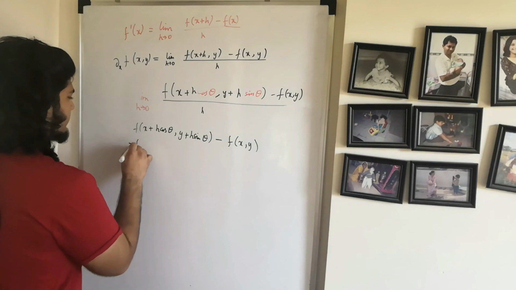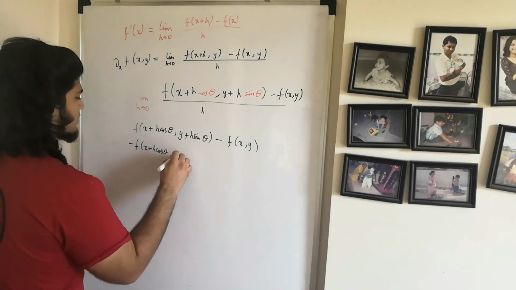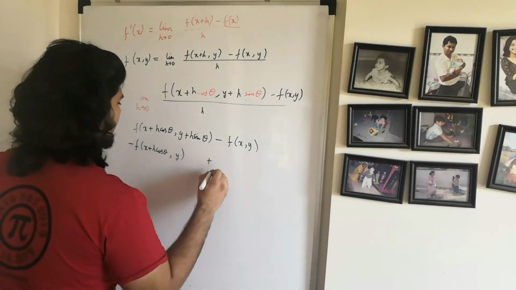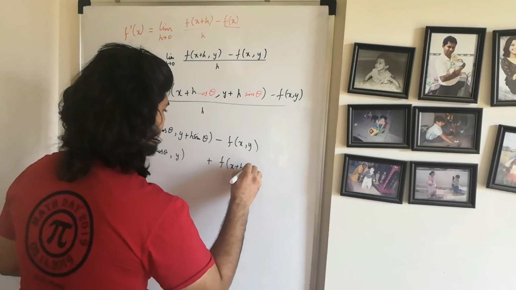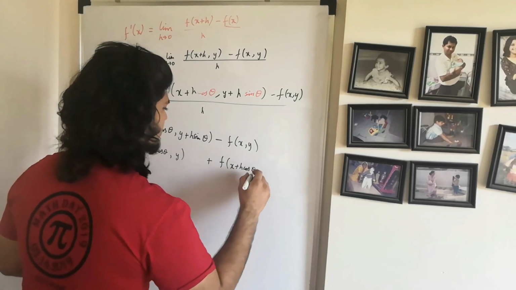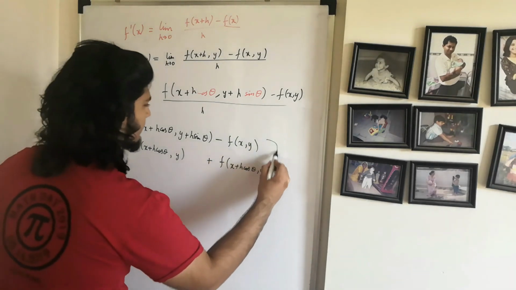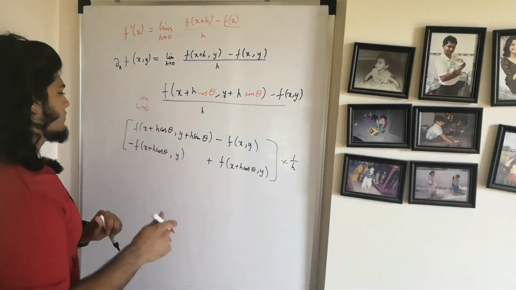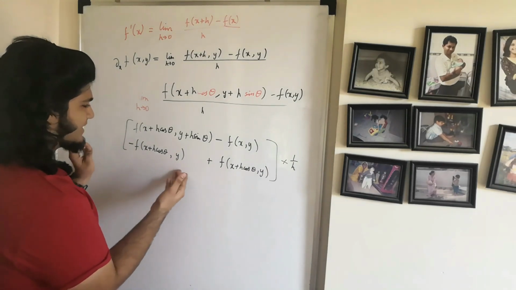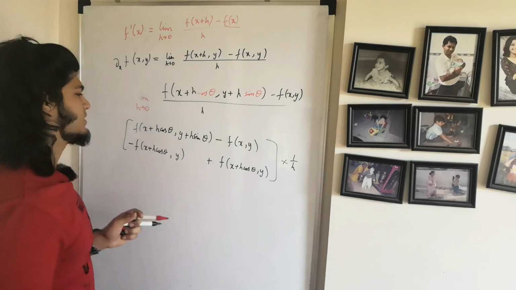So let's subtract f of x plus h cos theta comma y, and let's add the same thing in, and that entire thing times 1 by h.